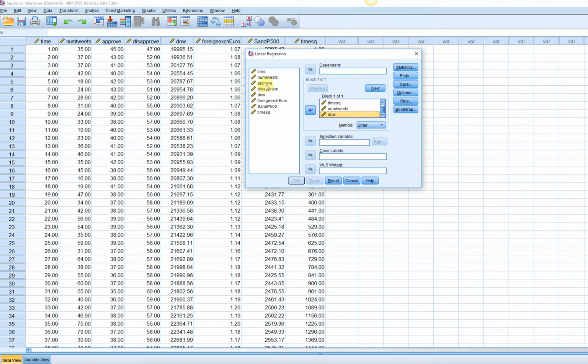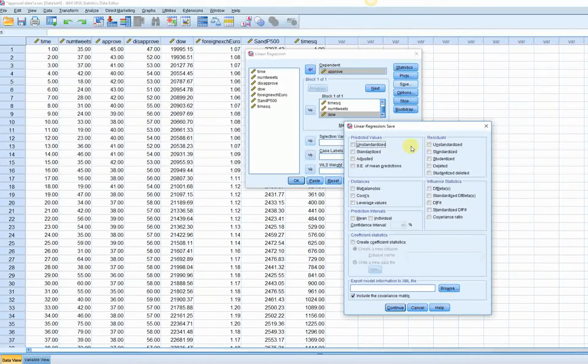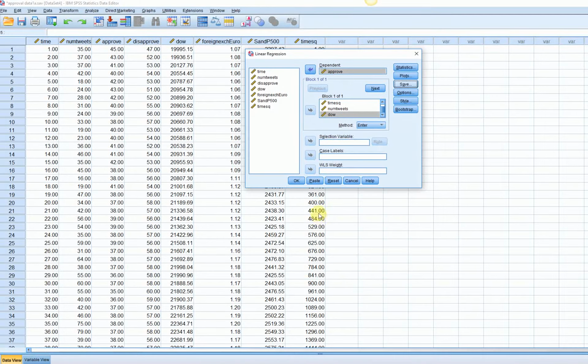And I'm going to click on save and save the unstandardized residuals, because really what we're doing is testing whether or not we have autocorrelation in our residuals. So now I'll click on continue and then on OK. And now in my data set I have a new variable reflecting residuals.